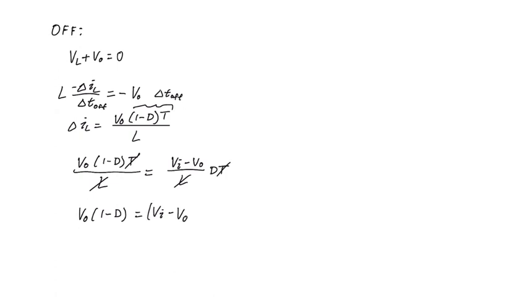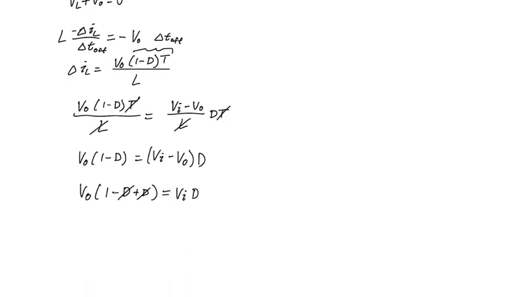I forgot to multiply by D. So if we move VO over, we would get that VO, and then it is minus D plus D, so those cancel each other out like this. And it equals VI multiplied by D, of course.